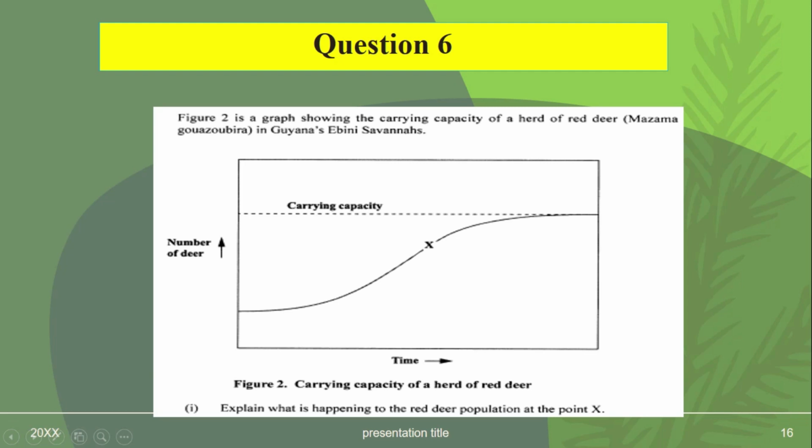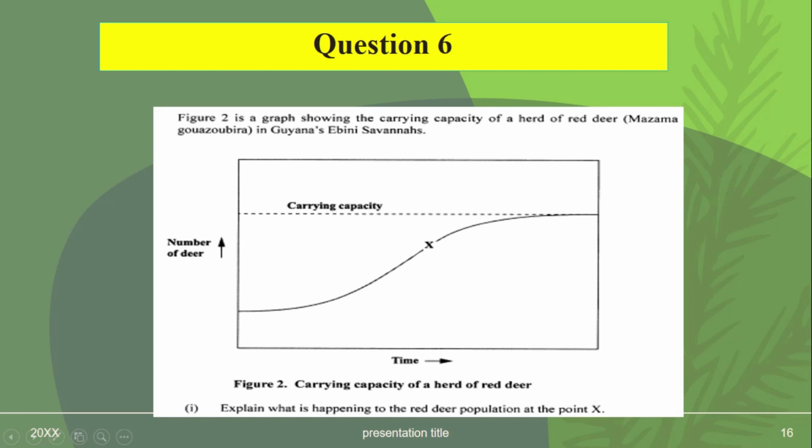So this is a carrying capacity diagram. Let's interpret it. On this axis, it points out the population of the deer, and this axis is dealing with time, over a period of time.